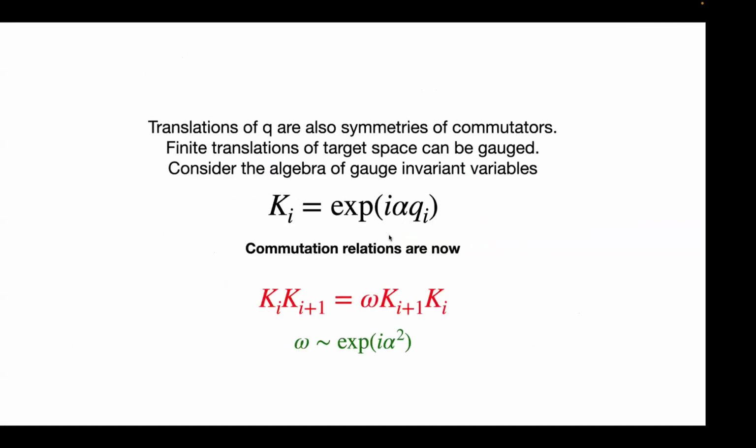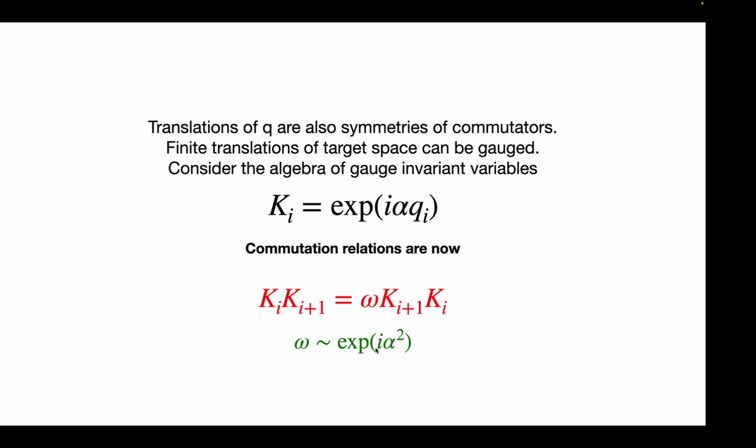So once I go to these variables, I can compute the commutation relations of the K's. Because these are exponentials of the Q's, I can use the Baker-Campbell-Hausdorff formula to construct them, and I'm going to get some phase that relates one ordering versus the other ordering, and the phase is roughly exponential of i alpha squared.